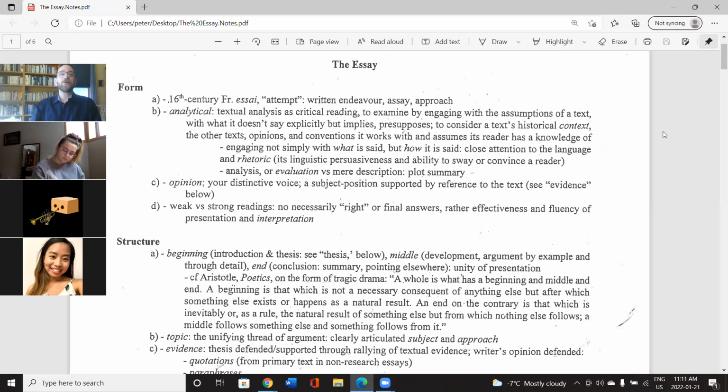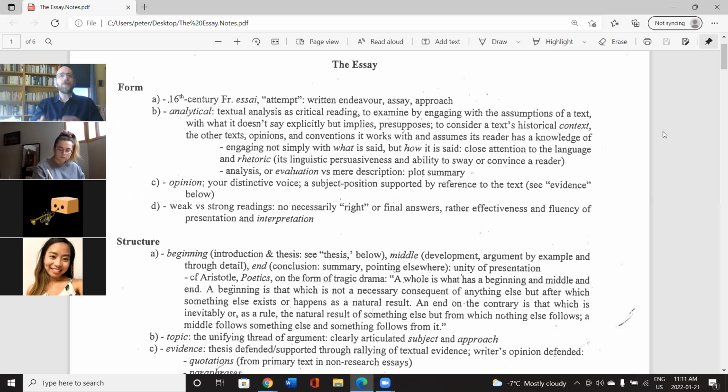Rhetoric is the language of persuasion, the ability of the text to sway or move or convince a reader. What does this text do to you as a reader? It might excite you. It might disappoint you. It might bore you. It might persuade you of a position that you didn't formerly take, okay?